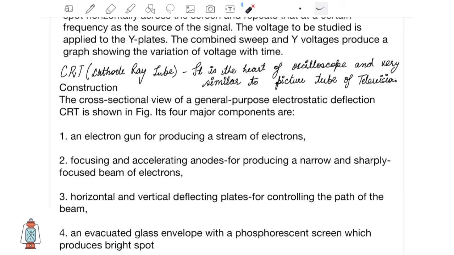Then we will get back to the block diagram of CRO. Then it will be much clear for you how the block diagram explains each and every component of CRO. So let us start with cathode ray tube in the next lecture. Thank you.